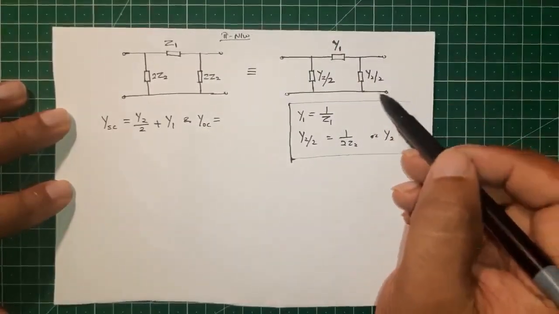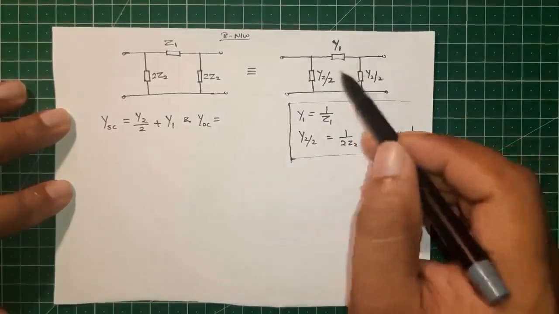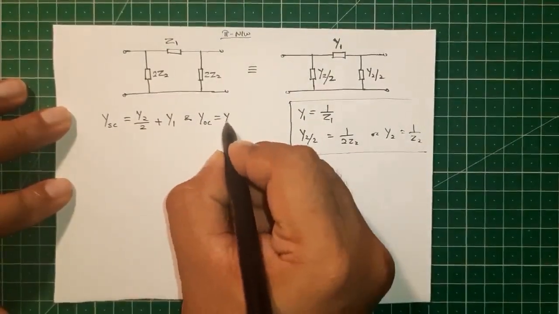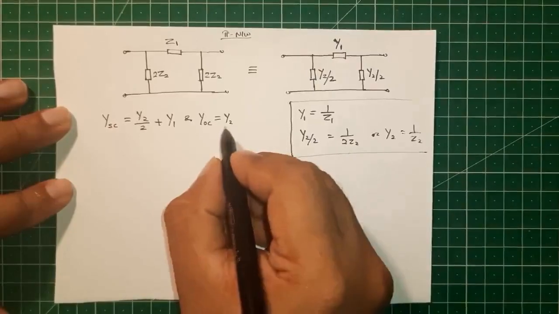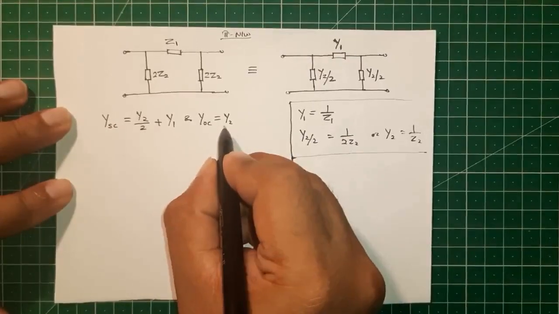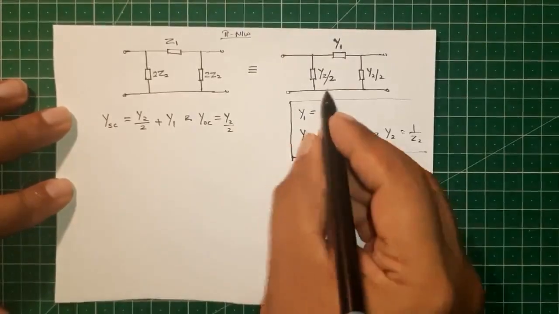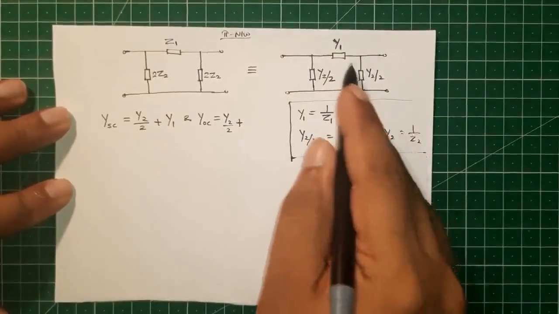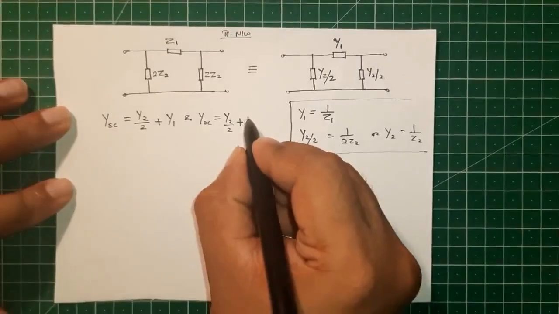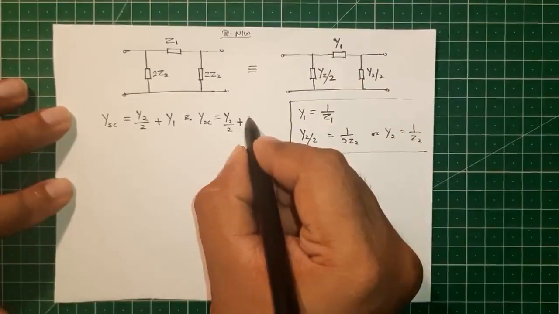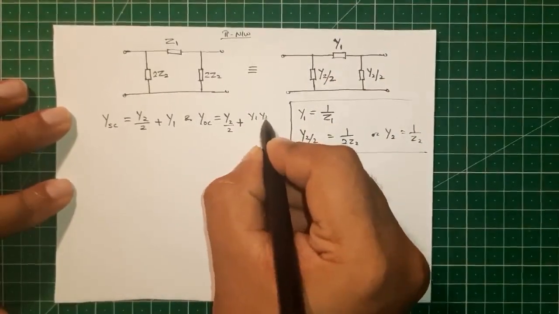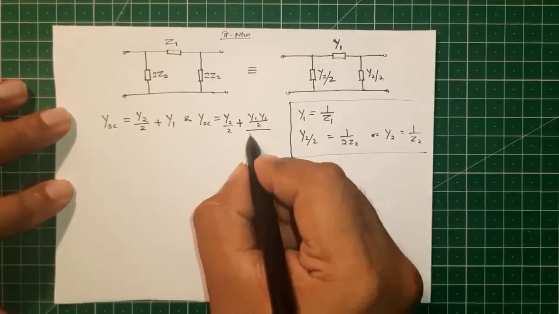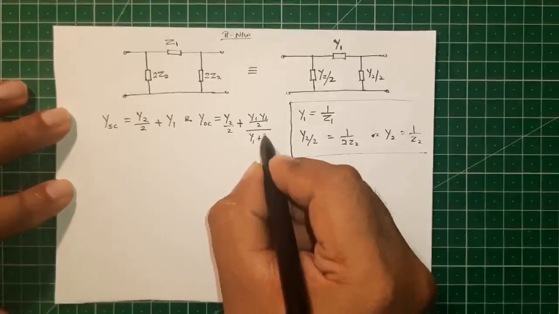When we see series, it is treated like parallel in impedance, and when we see parallel, it is treated like series in an impedance network. So this is parallel, so we write plus, and these two are in series. So the net admittance is Y1 Y2 by 2 divided by Y1 plus Y2 by 2.